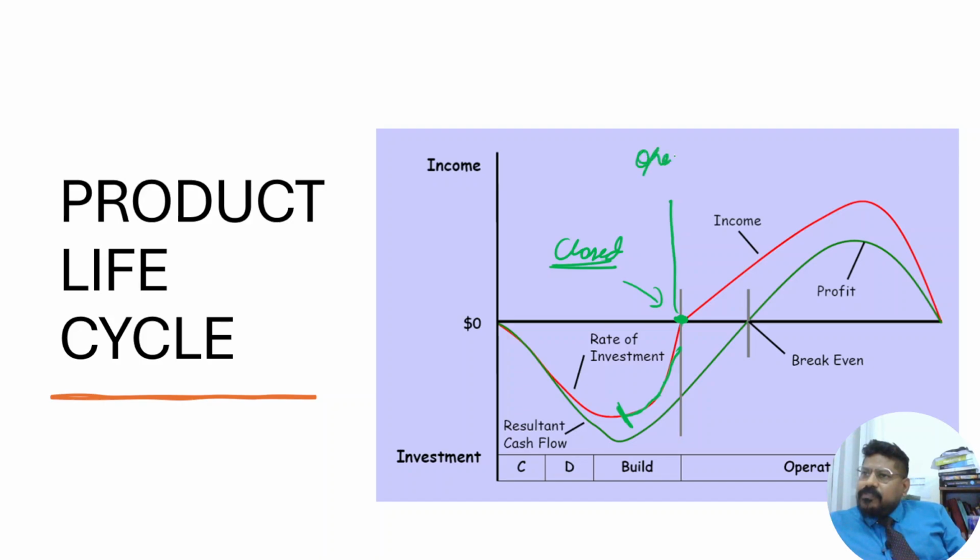Let's say it is a factory, you are constructing a factory of, let's say, cold drink. Here you purchase land, you set up machines, the automation machines, boilers, etc. From this they start functioning. The project got closed, now they start functioning from here, and they start generating income. So that's how the graph will go.